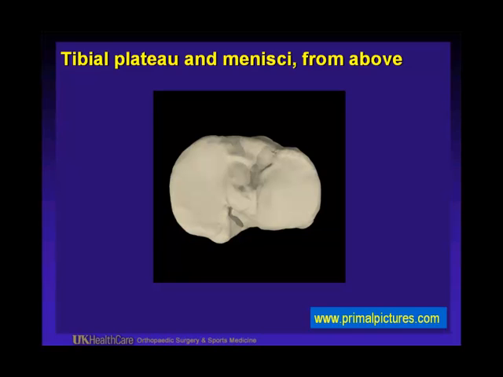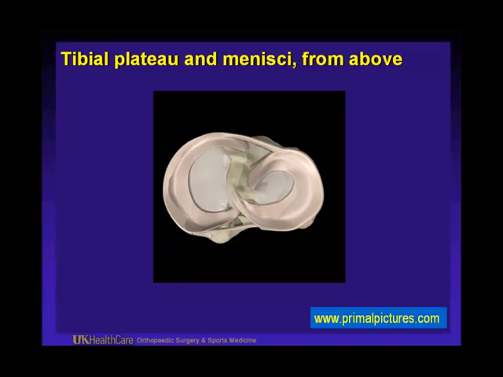Again, the medial tibial plateau on the left, lateral meniscus on the right. See the differences of how much of the plateaus are shielded by the meniscus, much more of the lateral side. This is also important if we're doing surgery for transplantation of the menisci. We have to know the anatomy, and size is an issue for meniscal transplants. They have to fit like a glove.